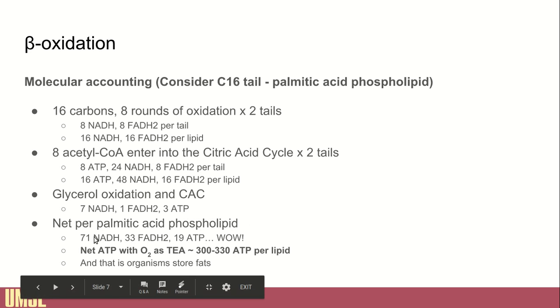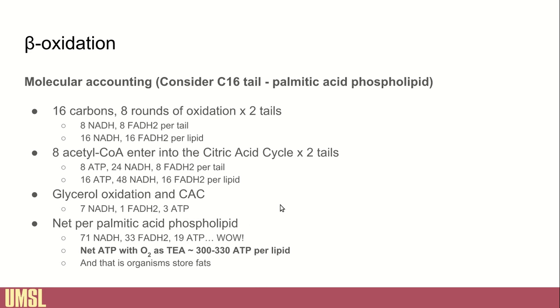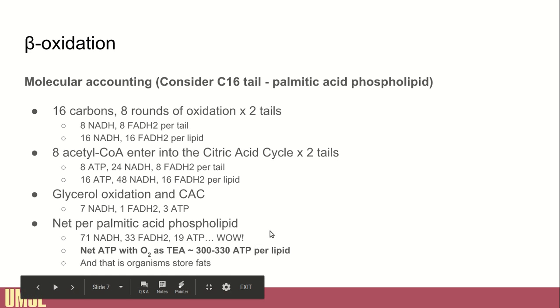So the net energy yield from the entirety of oxidizing one whole entire phospholipid is 71 NADH, 33 FADH2, and 19 ATP. And that is a massive, massive amount of energy.